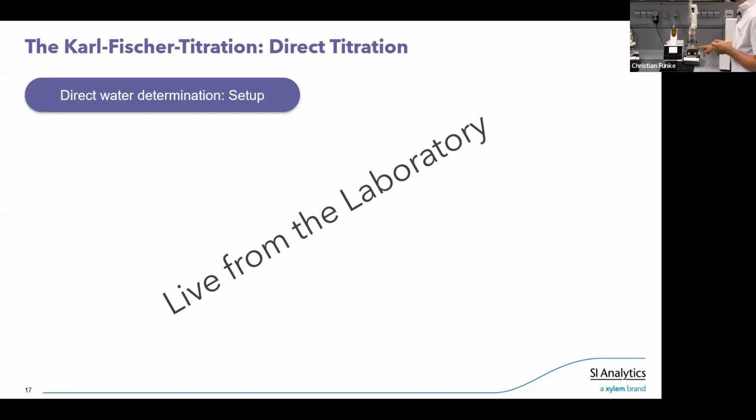So we added a heatable magnetic stirrer here, and we titrated it in the boiling heat. We also added a cooler just to cool the solvent down so that it comes back to the titration cell. And we added a homogenizer to extract really all of the water, to make the sample smaller and just to increase the extraction of the water.